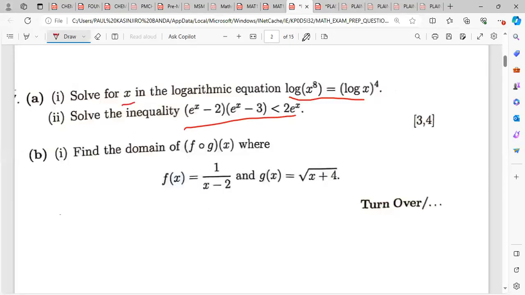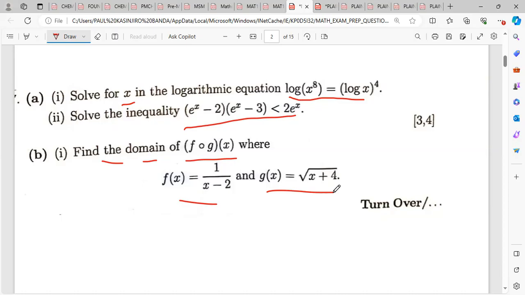Okay, we move on to this. I feel this one is very simple. Find the domain of this where f is equal to that and g is equal to that. So here we are finding the domain of a composite function. It's very important to note that in the composite function, we have two functions.